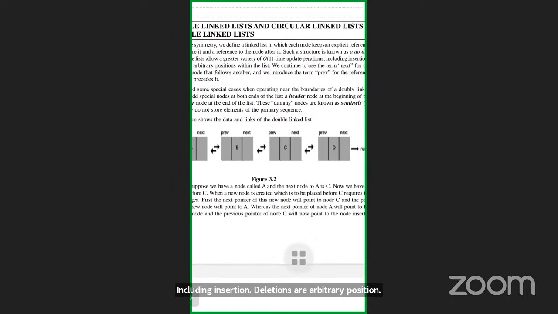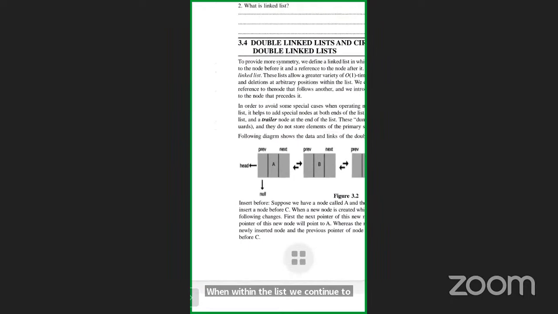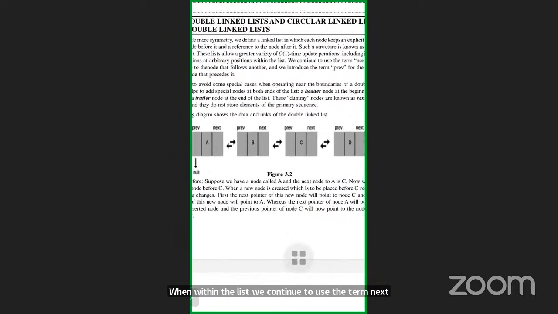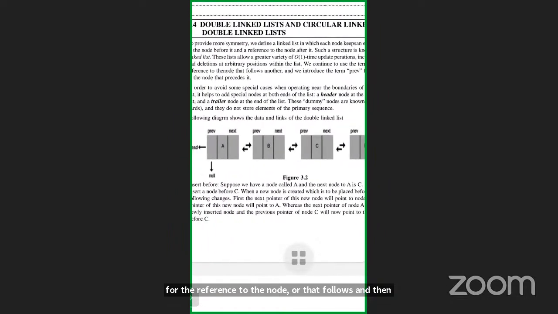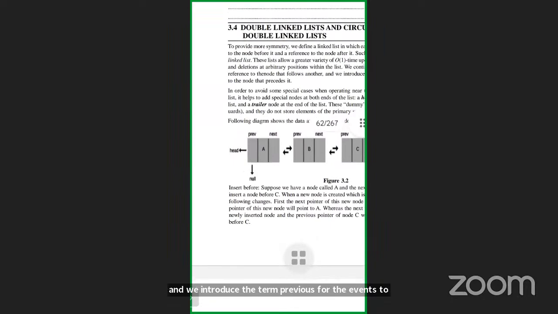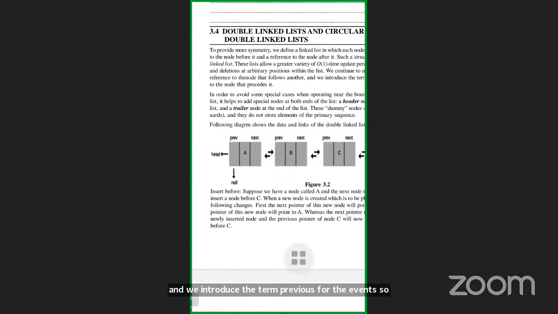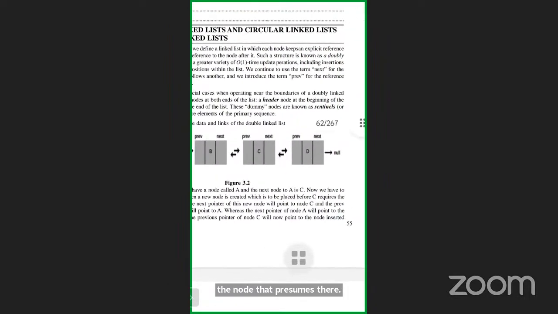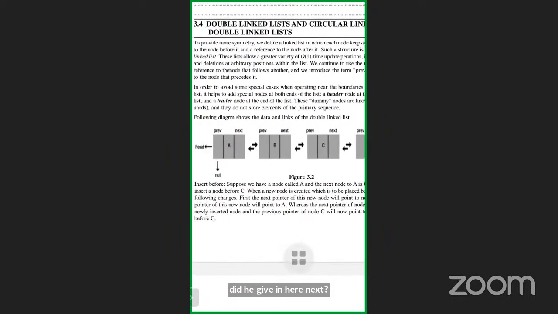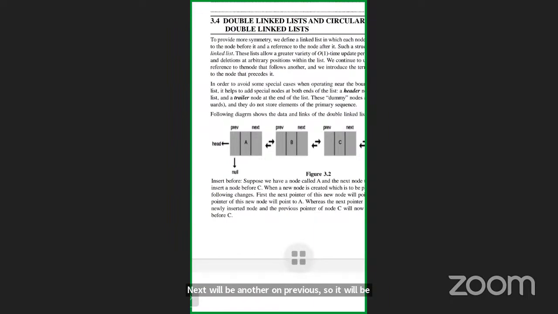We continue to use the term next for the reference to the node that follows another, and we introduce the term previous for the reference to the node that precedes it. So next is the node that follows, and previous is called the preceding node.